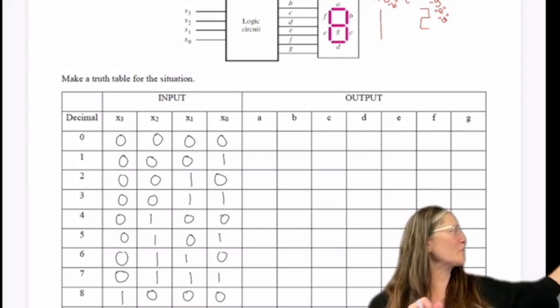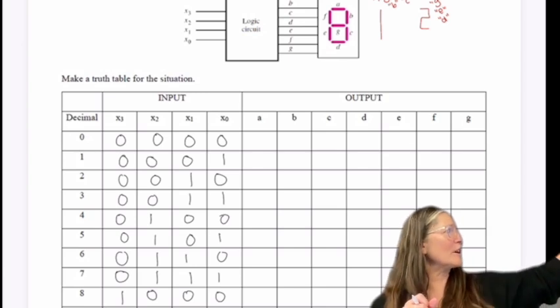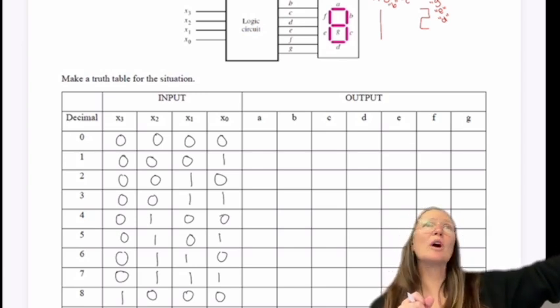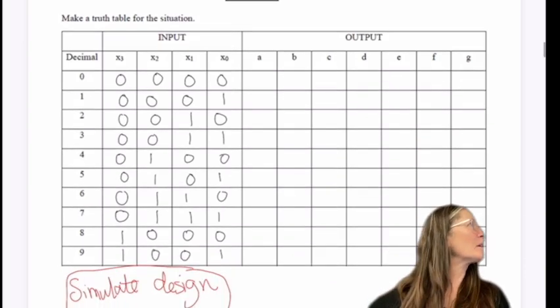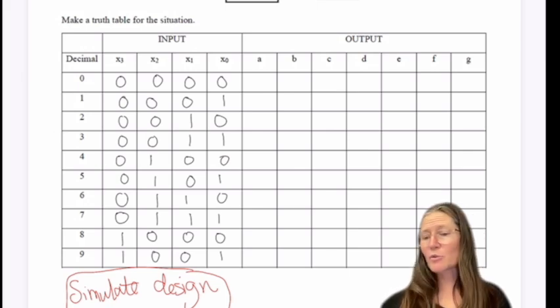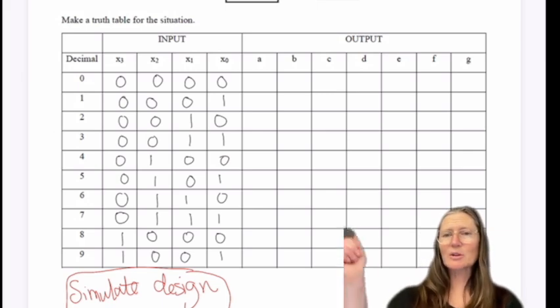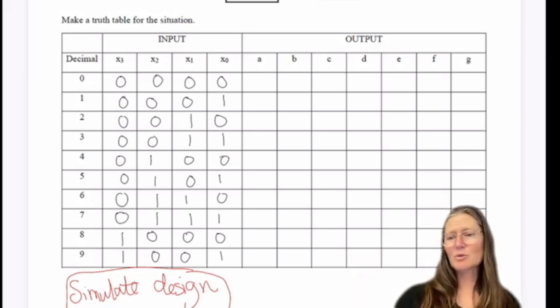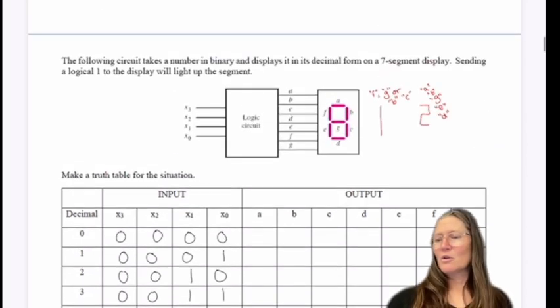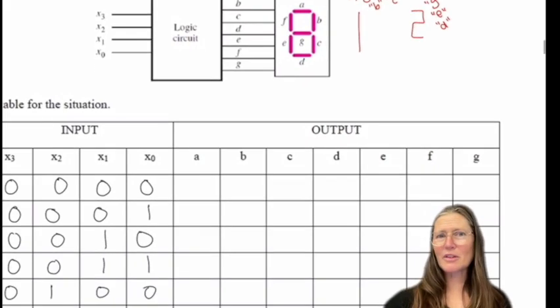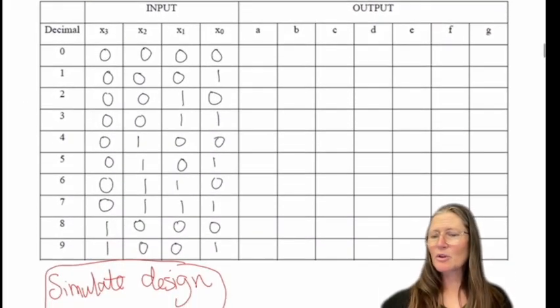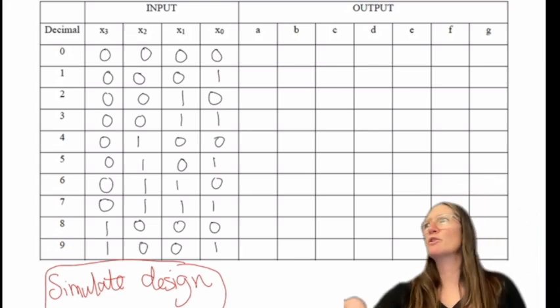If you were to convert it over, I would have 2 raised to the 2 for 4, plus 1 for 5, and so on. So go ahead and put in the output of what you would need, the 1s for the A lights to make a decimal 0, and then for decimal 1, we went over that, so you can pick whichever one you want. Go ahead and work on filling in this truth table.